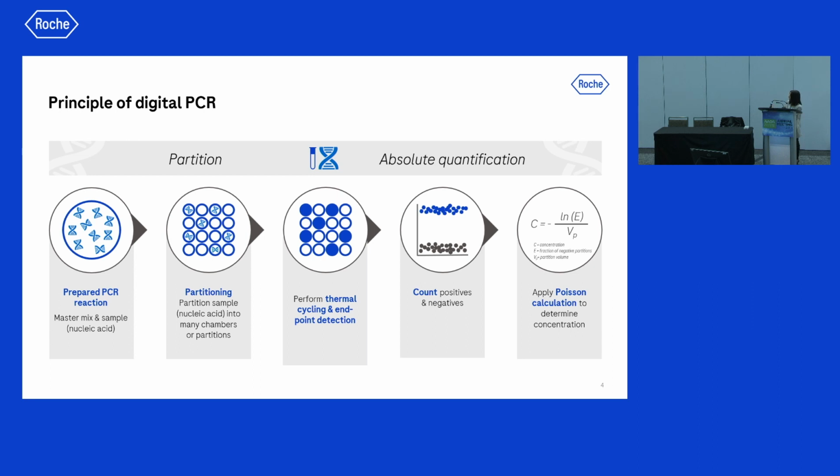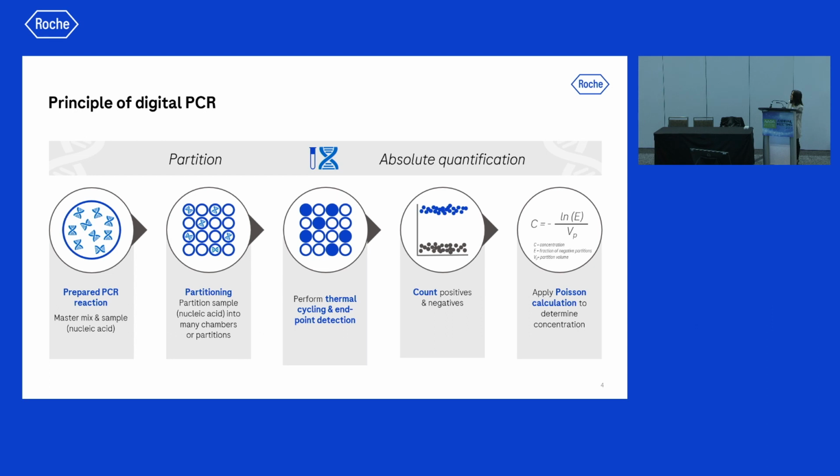After the partitioning occurs, there's a thermal cycling and an endpoint detection, and this is plotted where you have on the x-axis your partition number, on the y-axis your intensity levels, and you can imagine that partitions that had no amplification will be at a lower fluorescence intensity relative to partitions that had template and therefore generated a positive signal, which will have a higher fluorescence intensity.